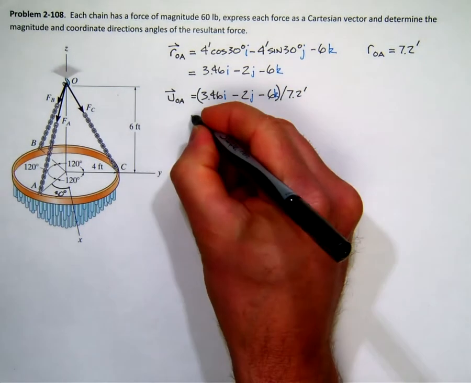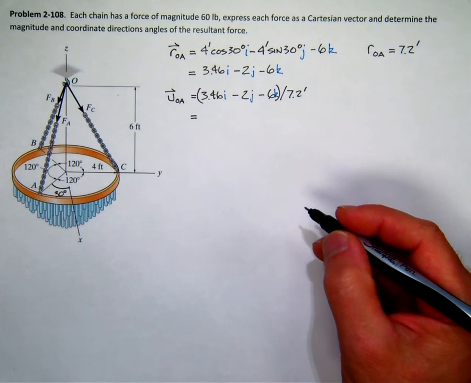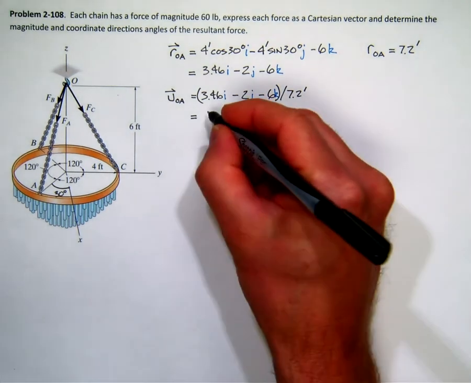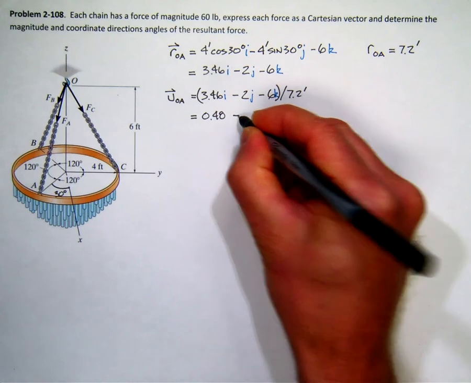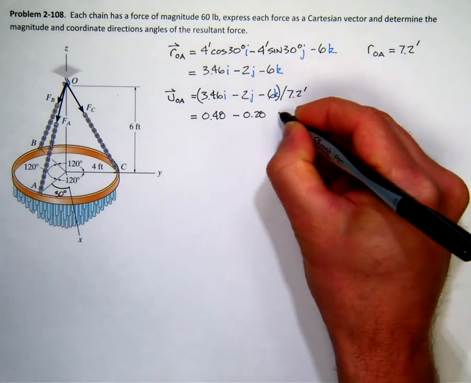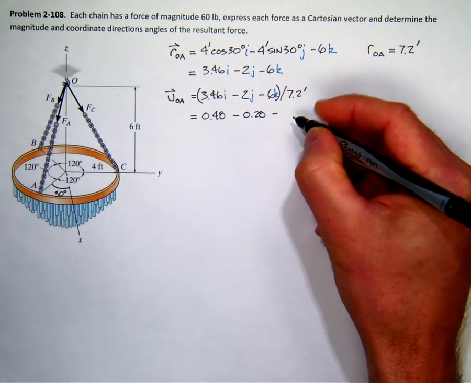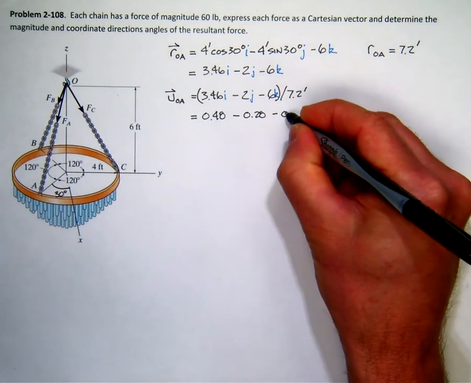So what's that come out to be? What's the first term? 0.48. What's the second term? 0.28. Great. And the last term? 0.83. Okay, great.